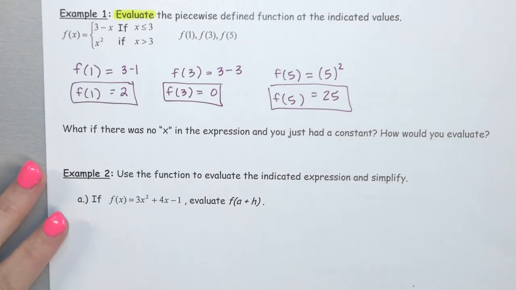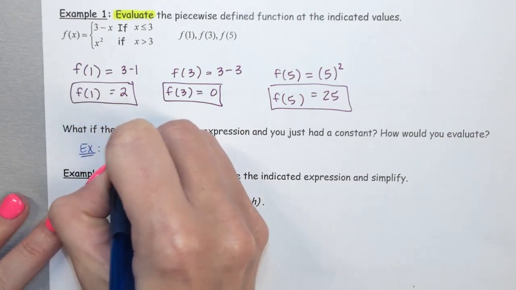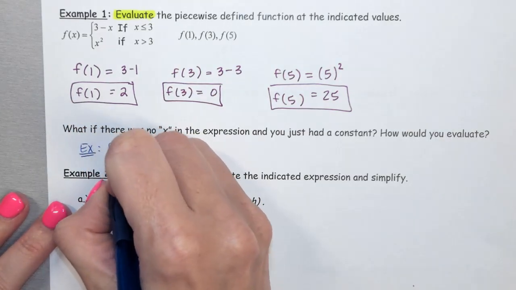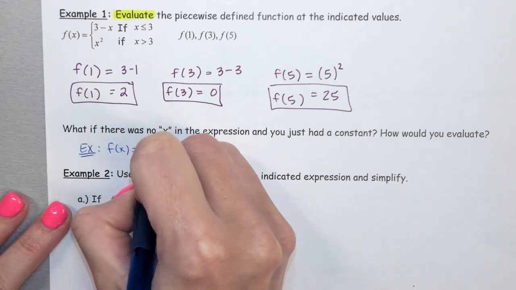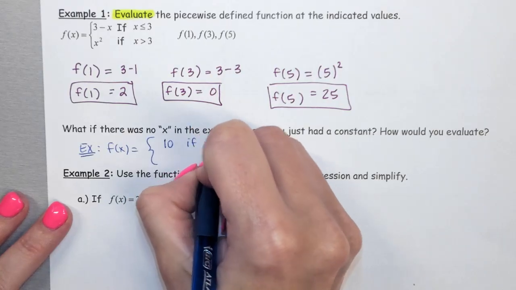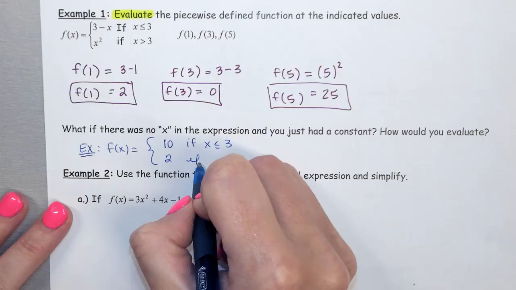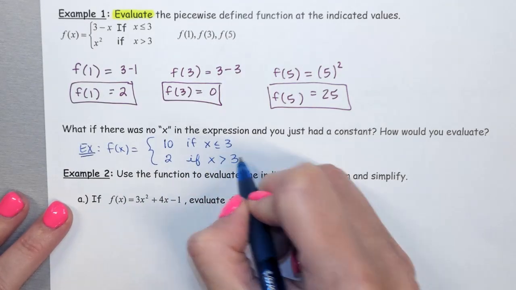All right, what if there was no x in the expression and you just had a constant? How would you evaluate? That would look something like this. If f of x was equal to 10, if x was less than or equal to 3, or 2, if x was greater than 3.